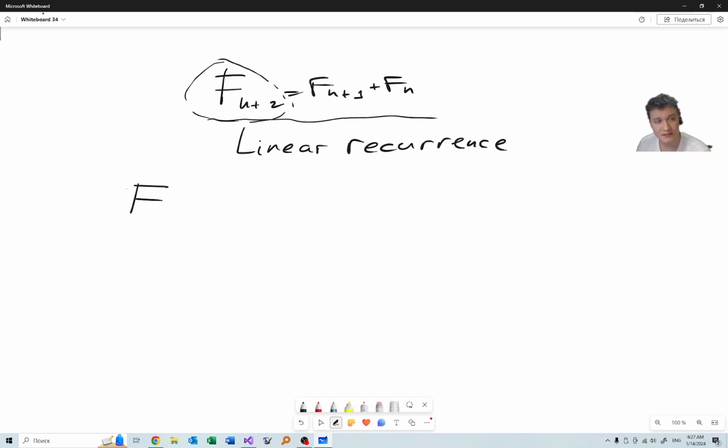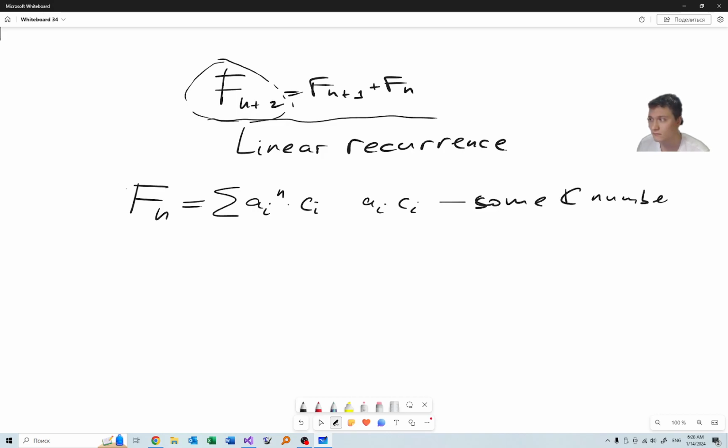We say that it's Fn equals the sum of ai to the power of n times ci, where ai and ci are some complex numbers. So we just say we believe that it should be of this form.